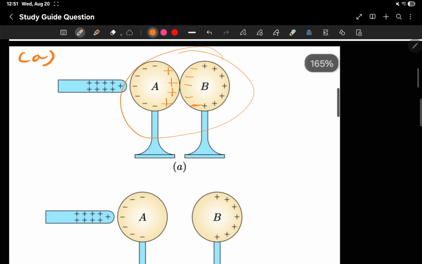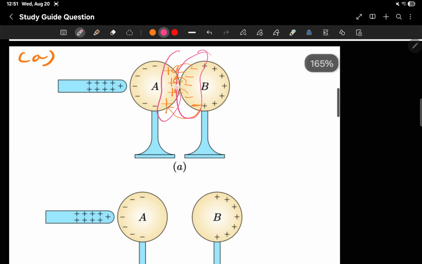Now the two spheres are touching, and these two spheres are metallic, they have valence electrons, and metals always tend to donate electrons. They're electron donors. So sphere B is going to donate electrons to sphere A just to try to neutralize at least one of its sides, or one of its regions.